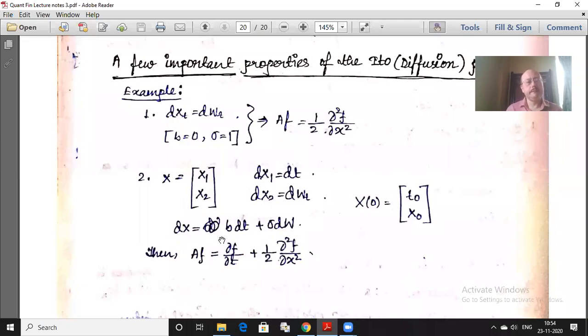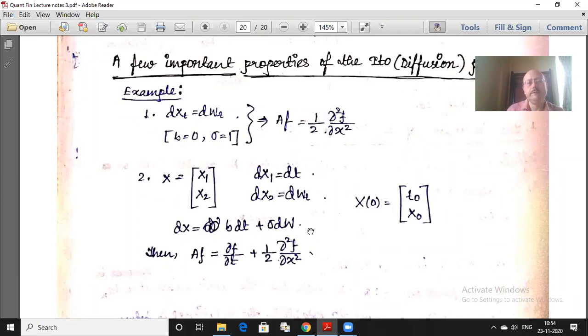Then dX can be written as b dt plus sigma dW, where b is the vector (1, 0) and sigma is the vector (0, 1), right? Because the first row has no dW and the second row has no dt. So b is (1, 0) and sigma is (0, 1), 2 by 1.